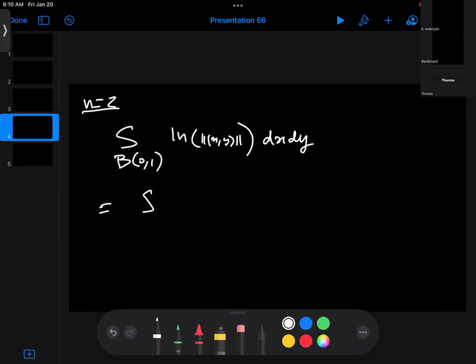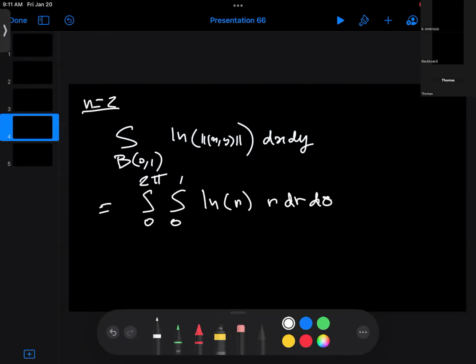So we did that. You've already seen that. So instead of integrating in the ball, which is the disk here in R^2, I integrate with the angle theta between 0 and 2 pi, and the radius r between 0 and 1. So then log of the norm of x is just log r, and dx dy becomes r dr d theta, right?